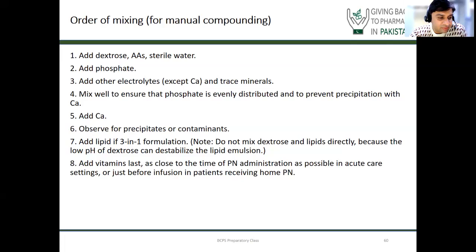And if you don't have precipitation, then you'll add calcium. Then again, you will observe for precipitation, and if the TPN precipitates, you'll discard it and then formulate a new formula. At the 7th step, you will add the lipids, and at the last you'll add the vitamins.